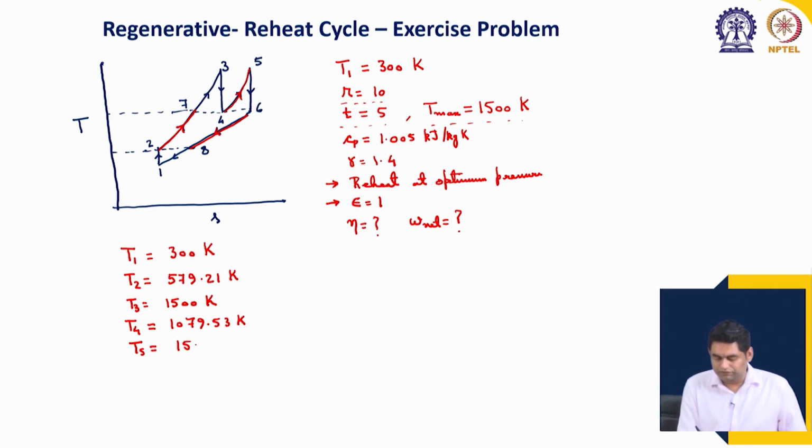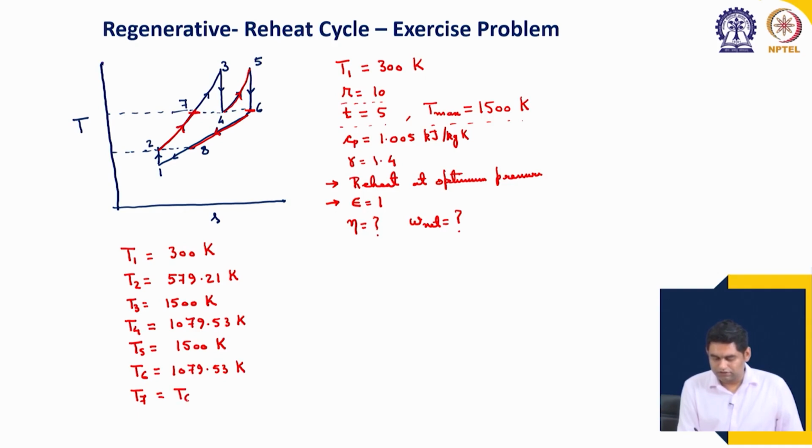T 5 of course, is 1500 Kelvin, assuming that both T 3 and T 5 are at same temperature, because that is the turbine inlet temperature, maximum temperature. T 6 can be obtained similar to T 4, T 6 is equal to 1079.53 Kelvin. T 7 is equal to T 6, okay, T 7 because this is ideal regenerator, T 7 equal to T 4 equal to T 6.